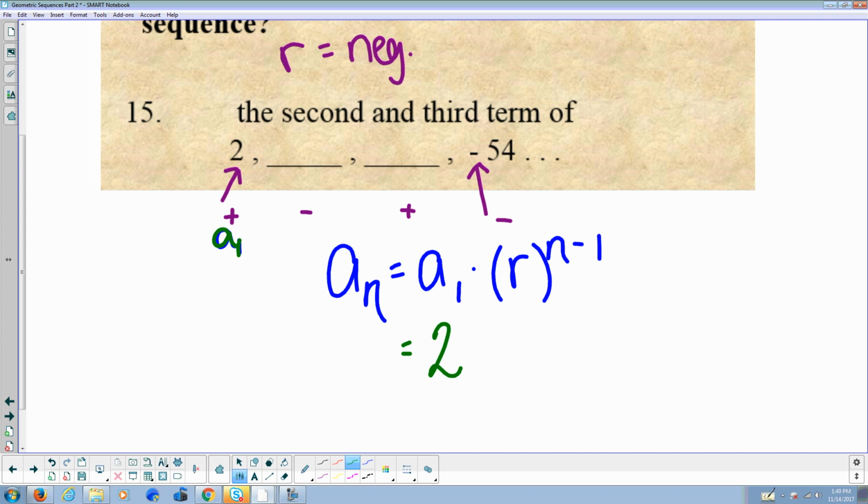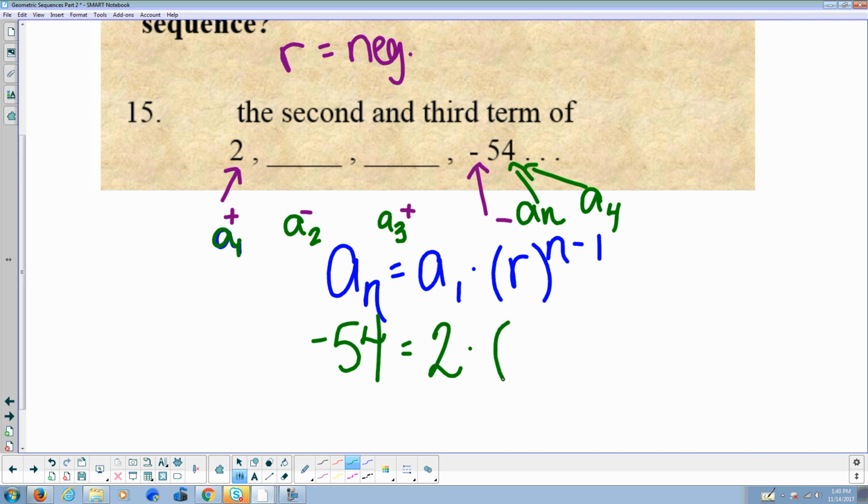I could say that AN is the last term that I'm given, negative 54. And if this is A1, this missing term is A2, this other missing term is A3, this AN that I found is actually A4. This is the fourth term. So therefore, N is 4. What I don't know is what is this common ratio. All I know about it is that it must be some negative number.